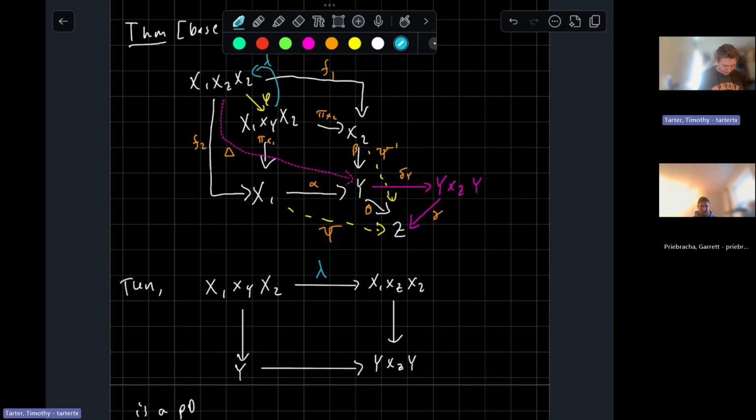This thing to y. Oh, we needed one more morphism.